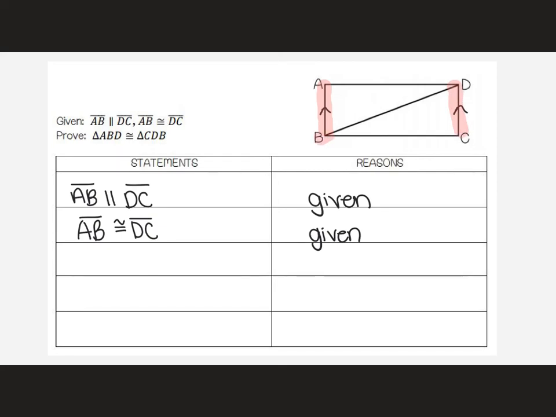If you highlight the 2 parallel lines, you can see that BD is the segment that they intersect, and then you can see that 2 angles have been outlined, and it's these 2. We need to name those with 3 letters, so angle ABD is congruent to angle CDB, and those are alternate interior angles.